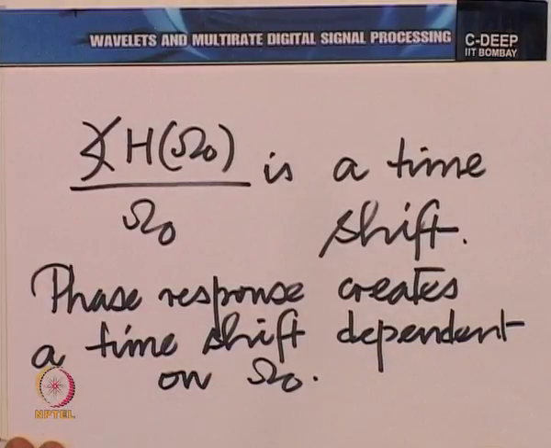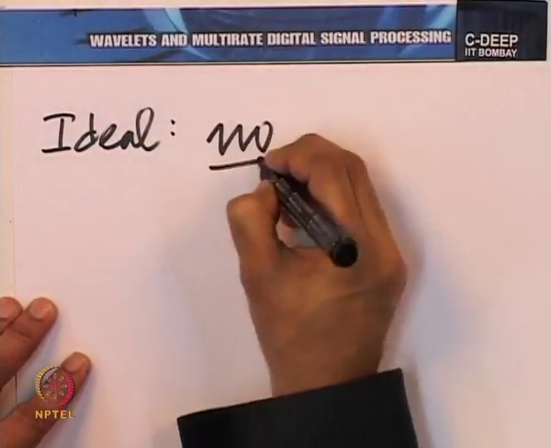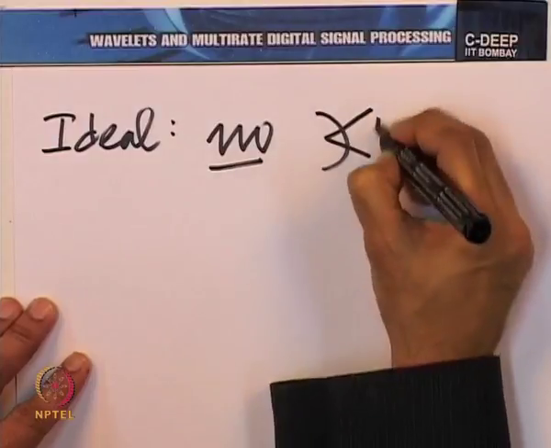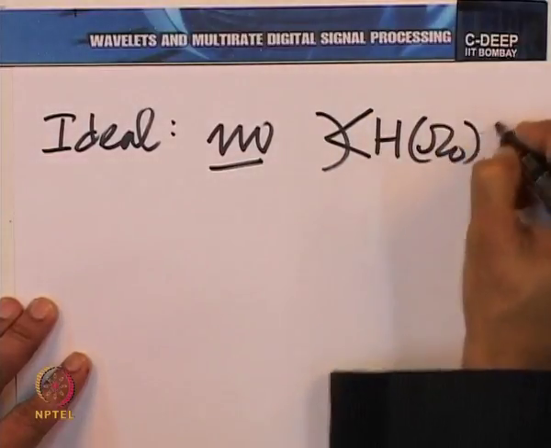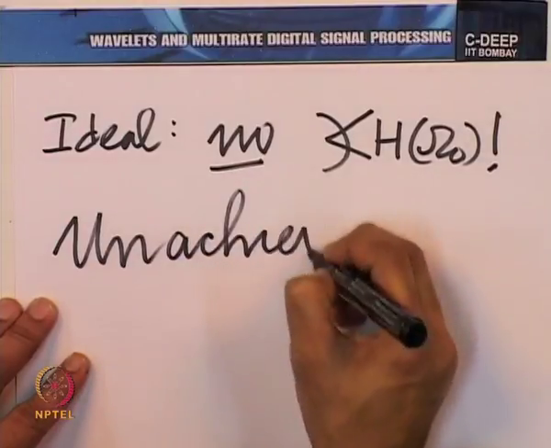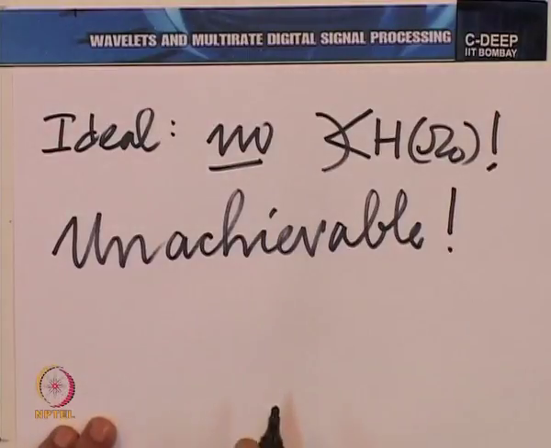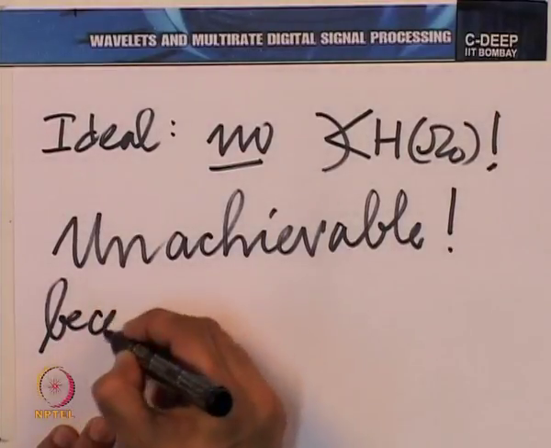What is a good situation to have? An ideal situation is no phase response. But this is unachievable. In fact, it is unachievable because of causality.